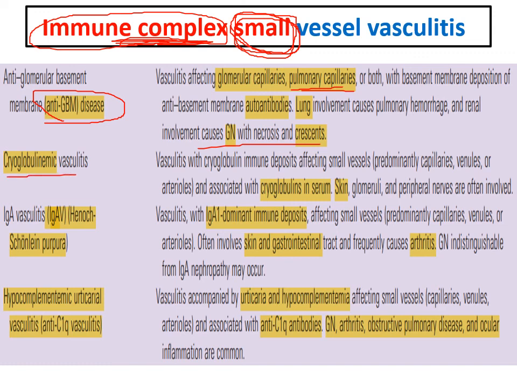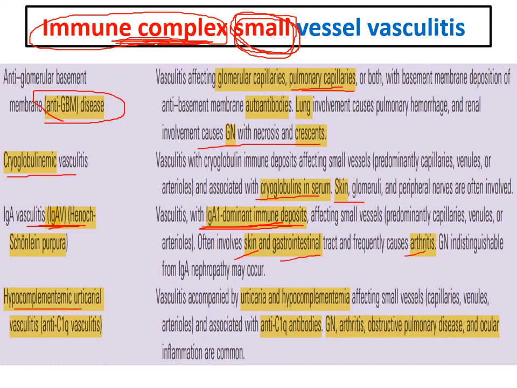Cryoglobulinemia, as we said, is usually characterized by cryoglobulins in the serum with skin rash, as we said before, with arthritis, rheumatoid factor positivity and consumed C4. IgA vasculitis or Henoch-Schönlein purpura is usually characterized by IgA immunoglobulin deposition in the kidney. Usually there is vasculitic rash in the lower limb and buttocks, GIT manifestation, and arthritis, as we said.